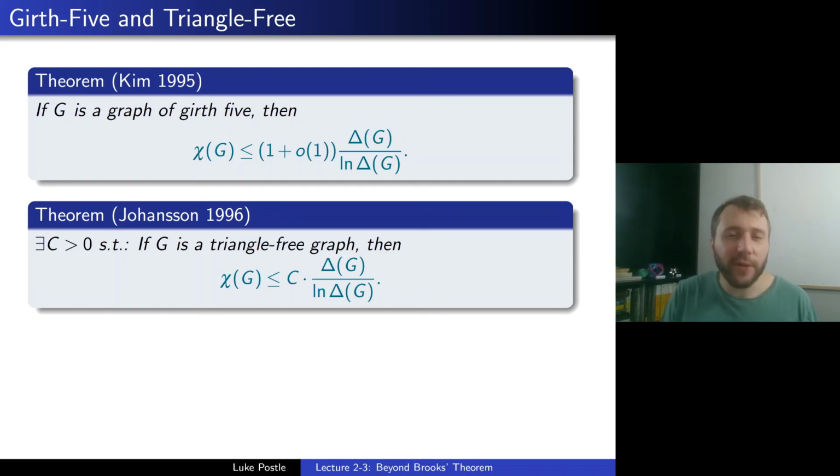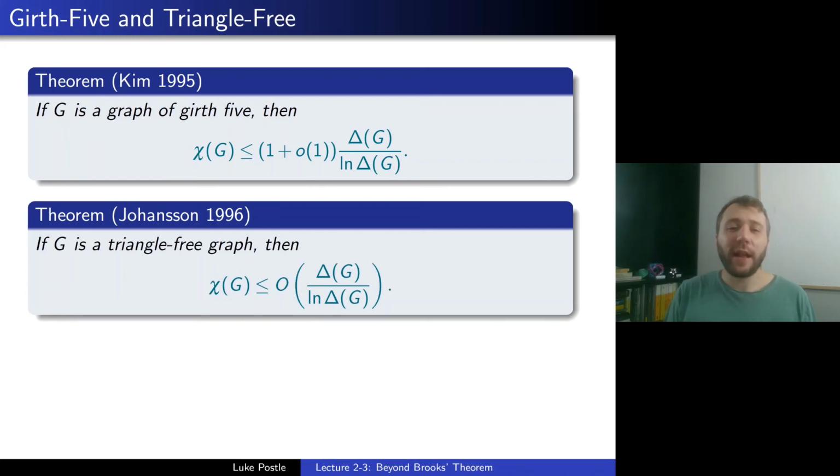His results were unpublished. You can find versions of them in the nice graph coloring book by Molloy and Reed, but they were hard to get access to. But he had done this, essentially extending Kim's theorem to the triangle-free case, at the cost of the constant, but again on the correct order.